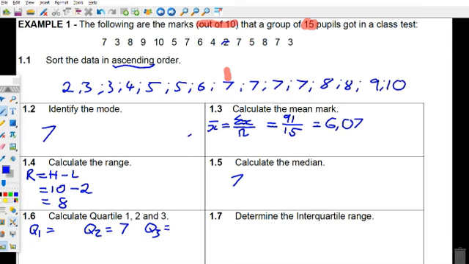To find Q1 and Q3, we need to find the median again, but of the other two halves. Look at the lower half, from 2 up to 7. What's the median here? It's between 4 and 5, so my Q1 is 4.5.